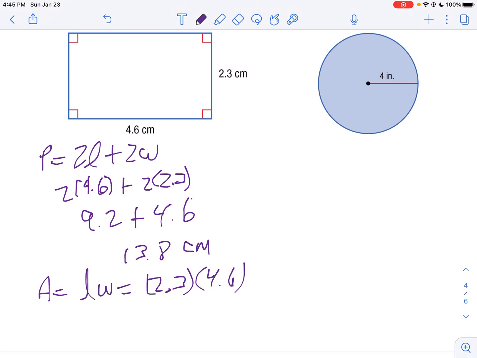So I do 2.3 times 4.6, and then we'll get 10.58. Now from algebra, I'm taking centimeter times centimeter. So centimeter times centimeter is centimeter squared. You can say square centimeters, so it's 10.58 square centimeters, or centimeters squared.